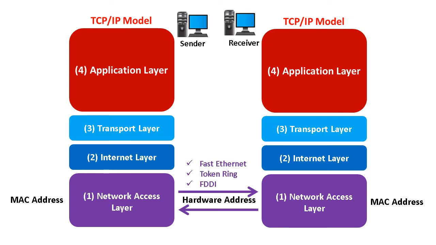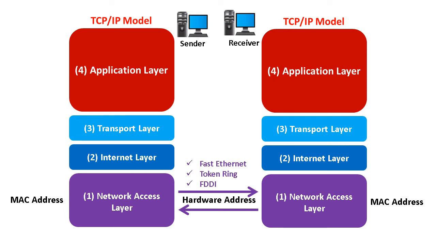And now we are going to discuss the network access layer. It is equivalent to the data link layer and the physical layer of the OSI model. Hardware addressing is done at this layer. It defines protocols for physical transmission of data. Ethernet is the most important protocol used at this layer.